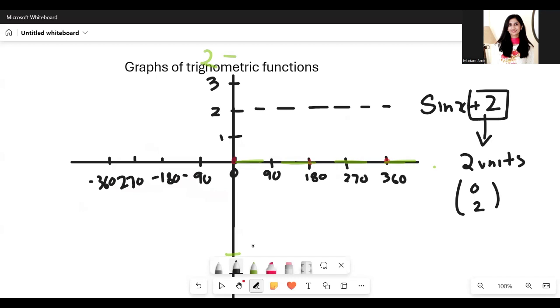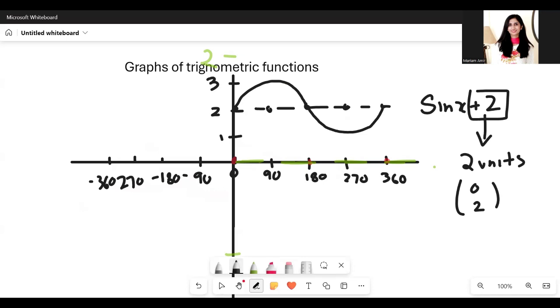Now it's going to go till 3 and 1. So I'm going to make dots here again. So these values get projected on the new central line. And now I'm going to make a similar graph, but transformed graph. This graph has translated 2 units up.